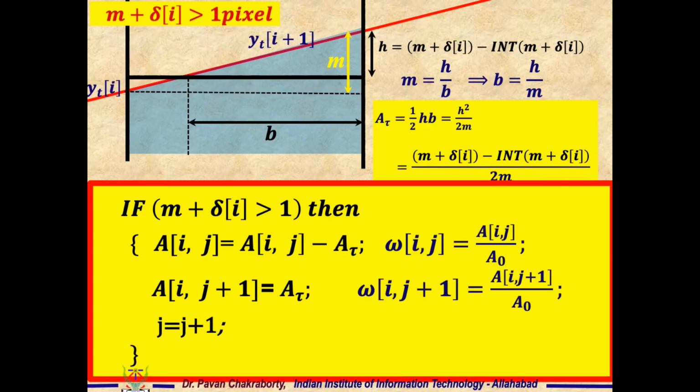And we could also find the area of the upper pixel, that is A of i comma j plus 1 is equal to A of tau, which is the top triangle which we have subtracted from the previous area. And this weight also could be determined, and we could also in this process increase the j count by 1.